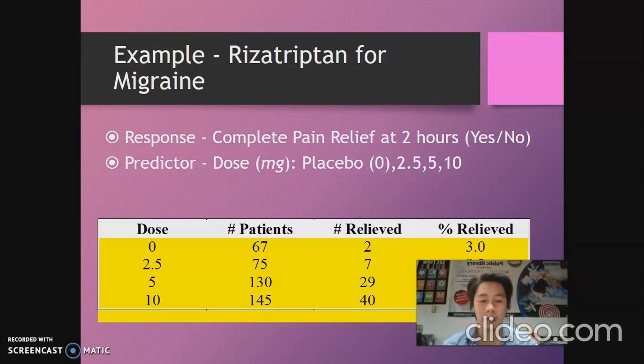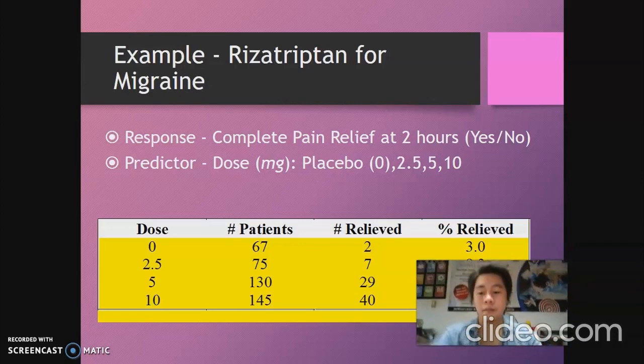As you can see in the table, we have doses of 0, 2.5, 5, and 10. The number of patients is 67, 75, 130, and 145. The number of relief is 2, 7, 29, and 40. And the percentage of relief is 3.0, 9.3, 22.3, and 27.6.